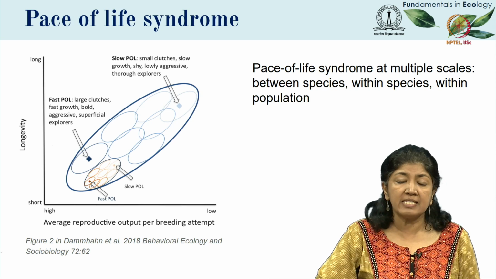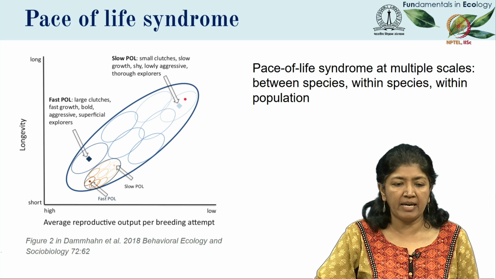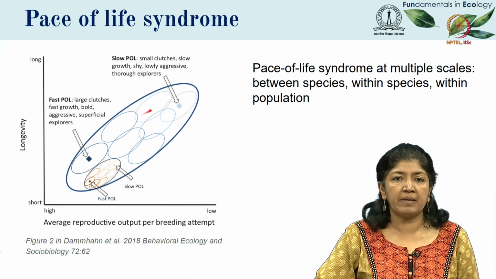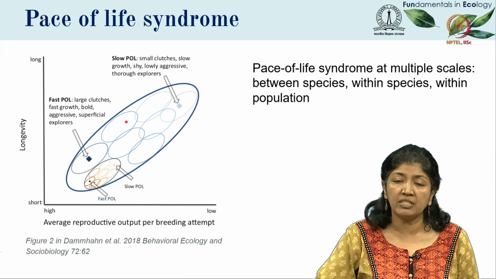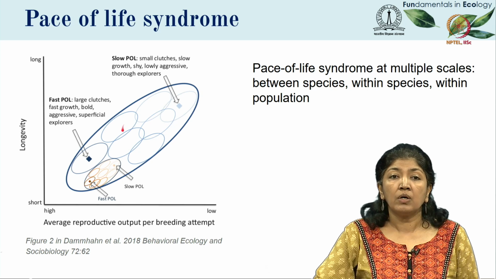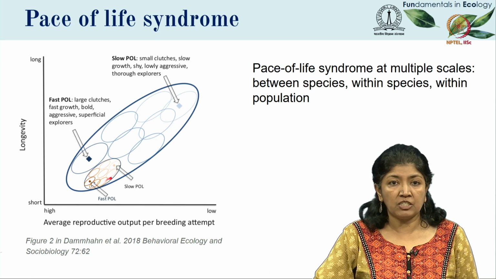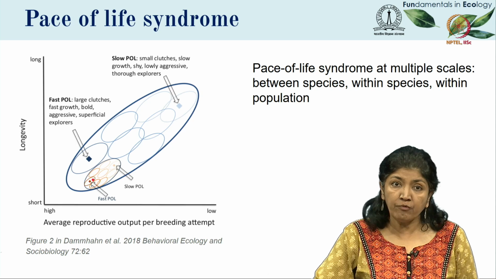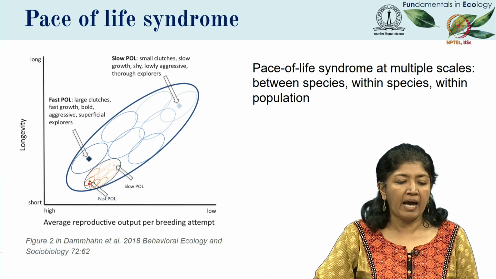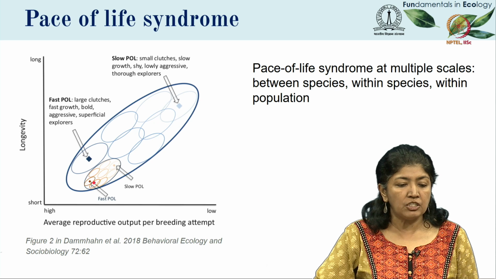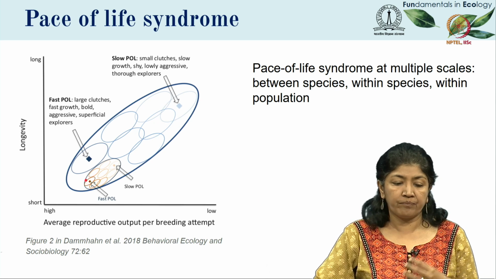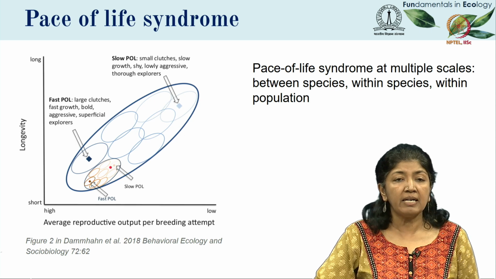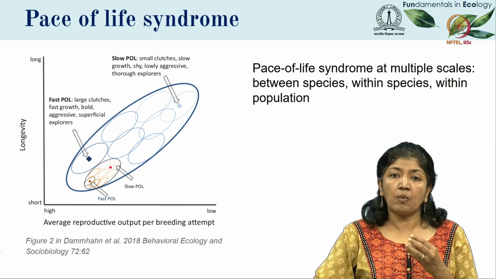You can also see such variation in pace of life between populations. So, these smaller ellipses represent between population variation within a species. Even within a population, you can have some individuals who live fast, grow fast, and have large broods, versus other individuals who grow slowly, have longer lives and smaller broods.